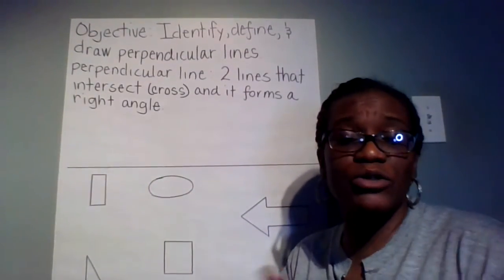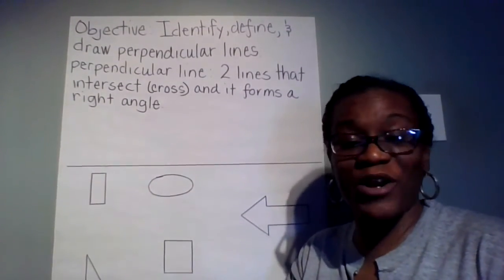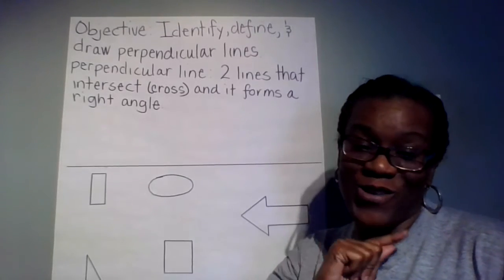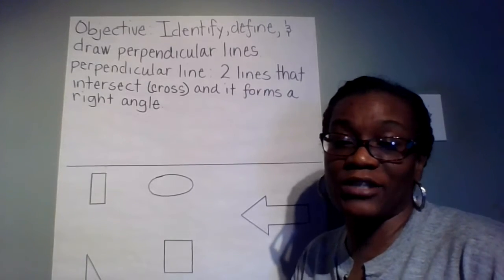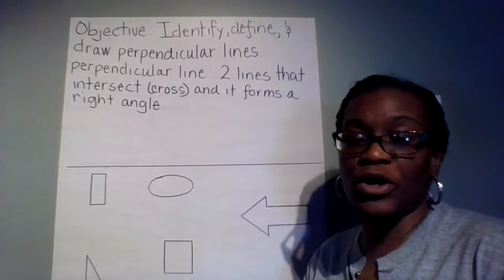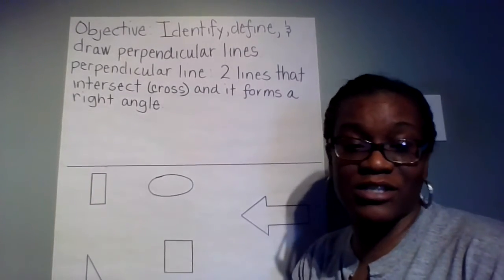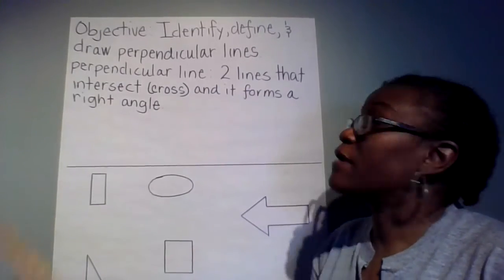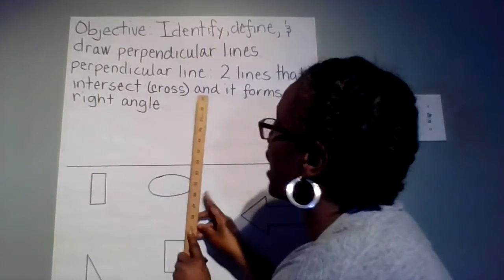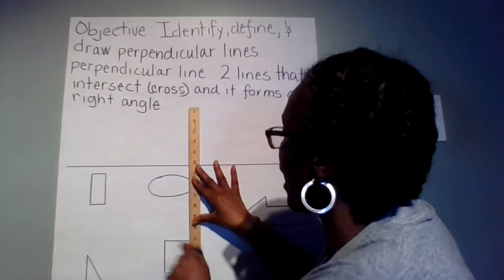You could also use the case to one of your video games. And I know you guys have video games. So you can use that as your straight edge. And it's really just to make sure that your lines are nice and sharp like I did on these drawings down here.